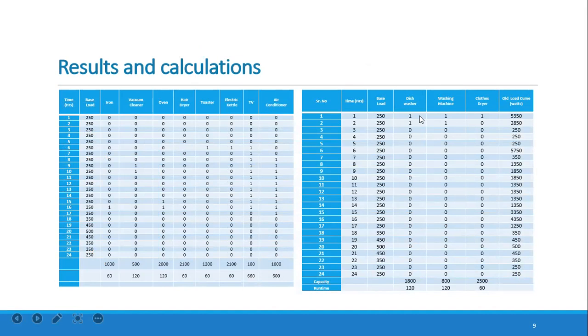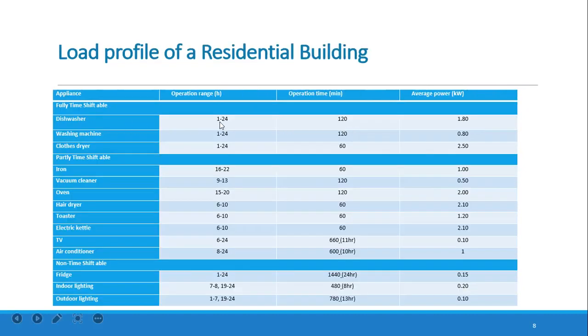These are fully shiftable, so we can shift them to any of the 24 hours. But in these, we have a specific constraint that they can only operate in specific hours. As we saw in the previous slide, the dishwasher has an operational window from 1 to 24 hours. At any time of the day, we can use it. It has to be operated for 120 minutes, which is 2 hours.